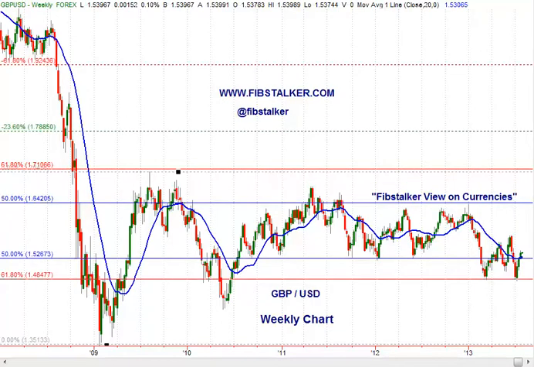However, we also have a support area, and the support area is traced from lows in 2009 to highs in 2009, and as we can see, this was broken in 2010 twice, but eventually started acting as a support in 2011 and again twice in 2012. And recently we could make the case that this was broken.